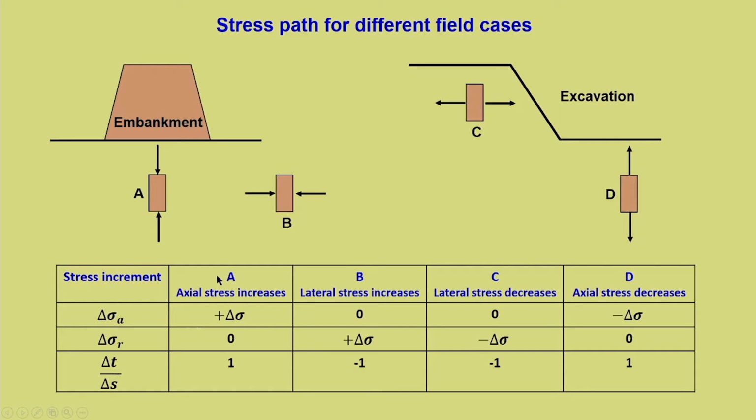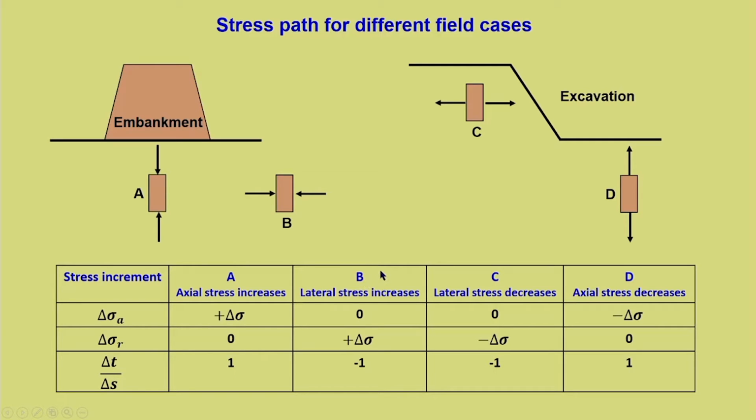So, for case A, axial stress increases and hence it is plus delta sigma for delta sigma A, and delta sigma R is 0. And this is a case where the stress path delta t by delta s will have plus 1, that is around 45 degrees in the positive direction.